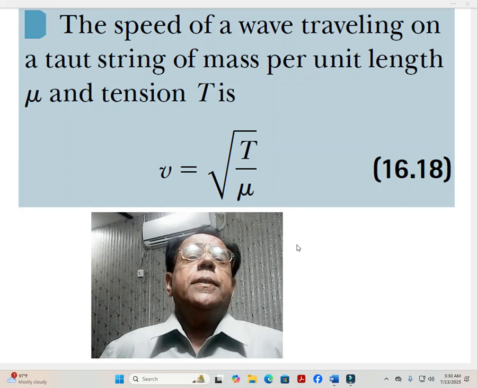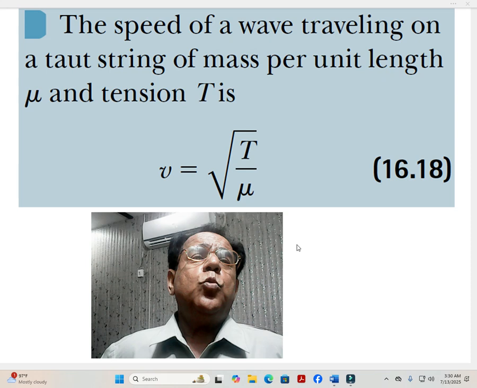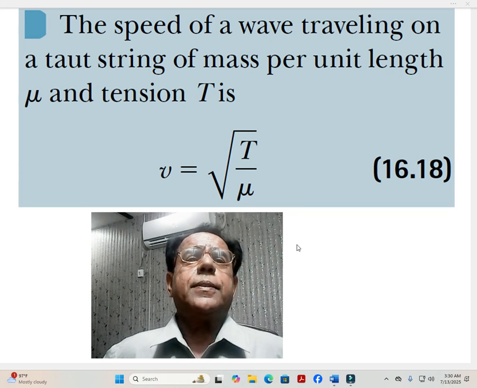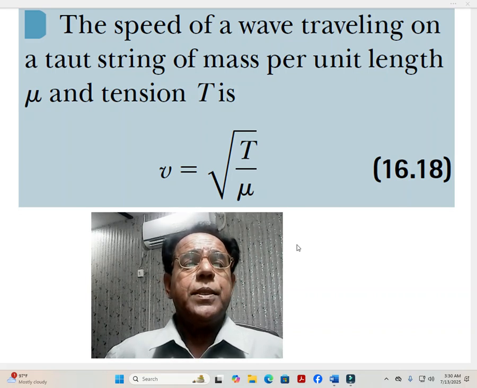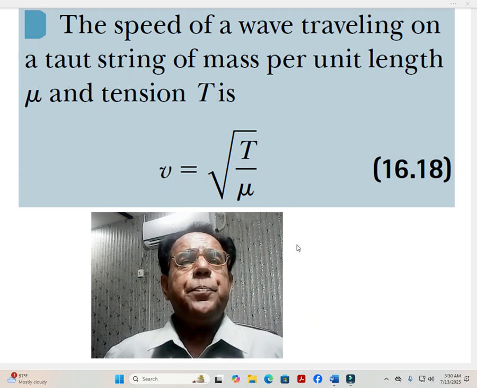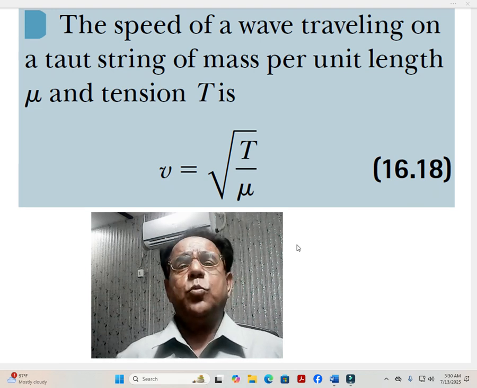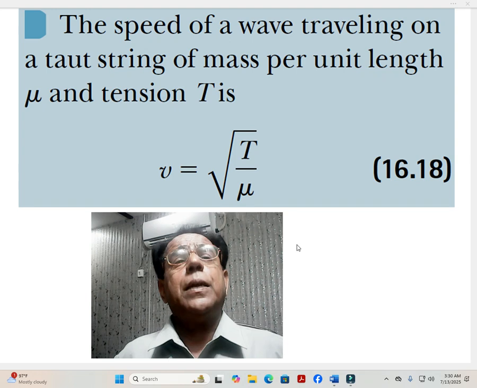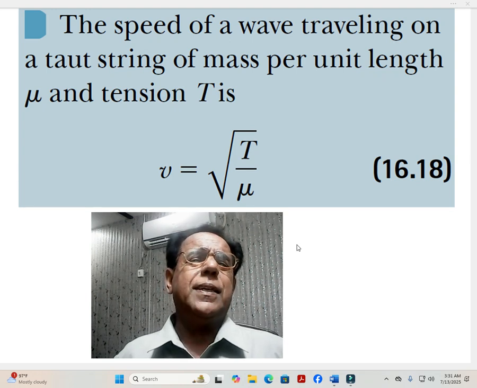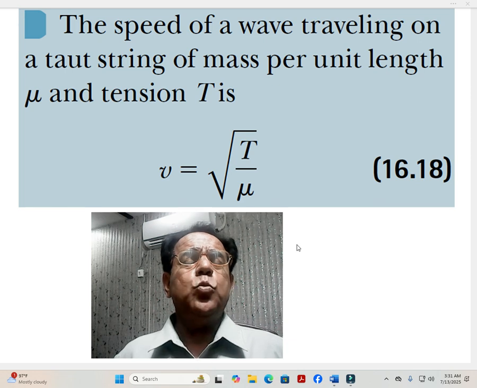The speed of a wave traveling on a taut string of mass per unit length mu and tension T is speed v equal to square root of tension T over mass per unit length mu. The same philosophy is repeated here, the only difference being that for tension, instead of tau, simply T is used.